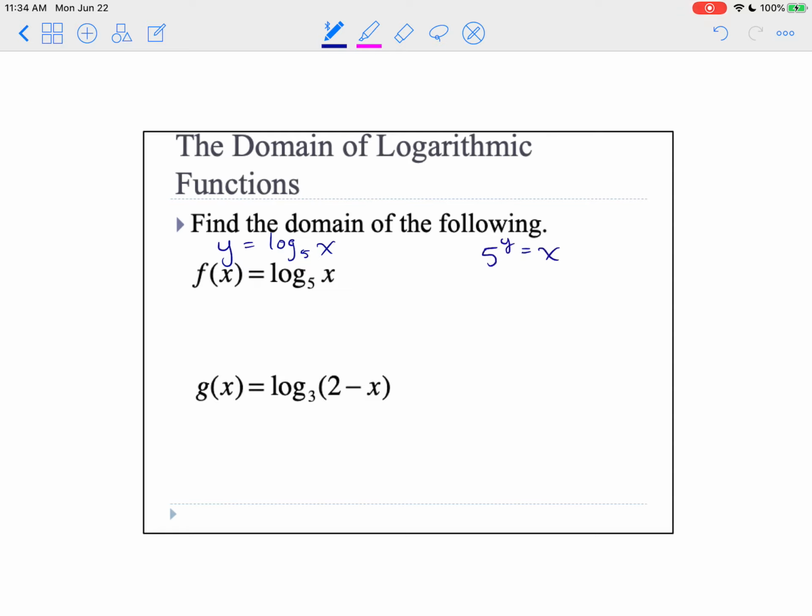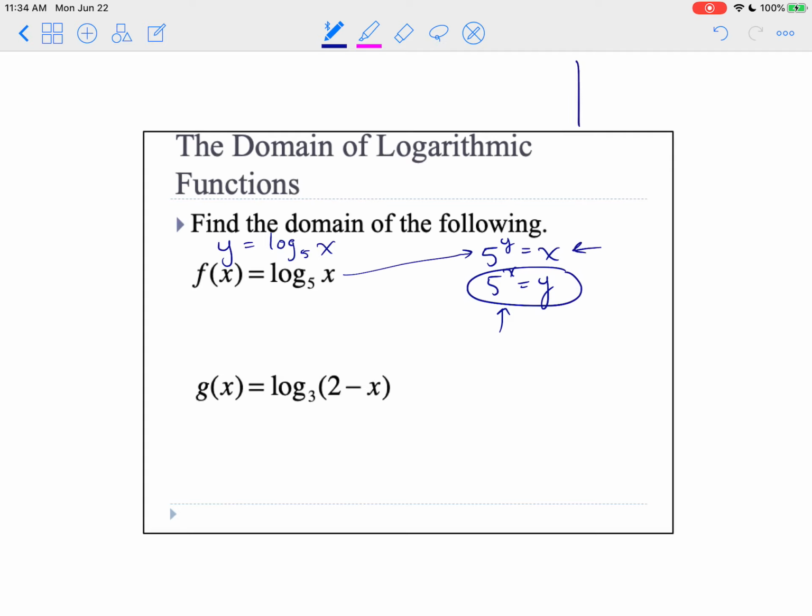So if we switched x and y here, we'd have 5 to the x equals y. So if we look at this function here, which is the inverse of this logarithm, if we know what the range is for this graph, then we know what the domain is for this graph.